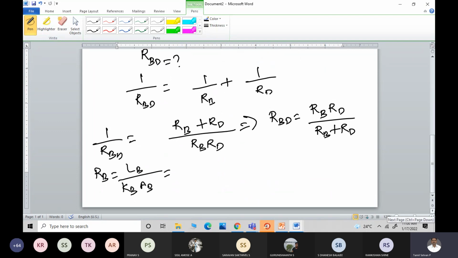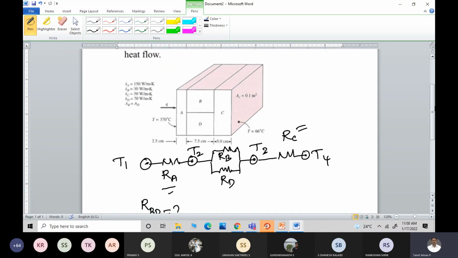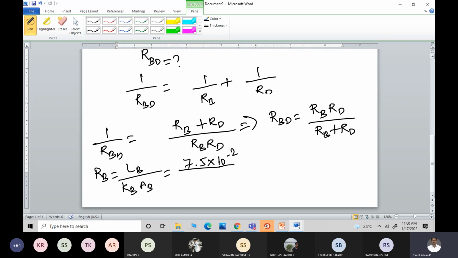Even I make the mistake here; students normally make this mistake too, so substitute the length in meters. That is very important. So this is the first one, R suffix B.